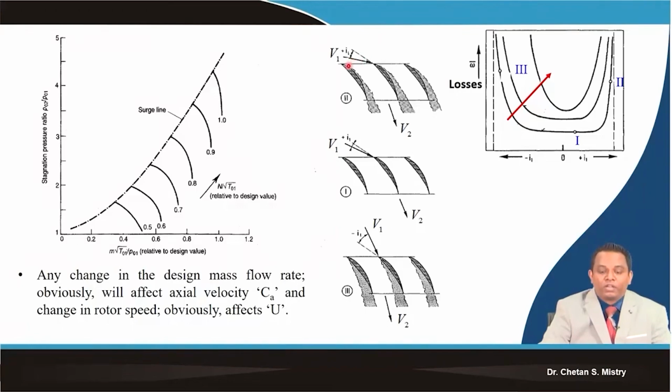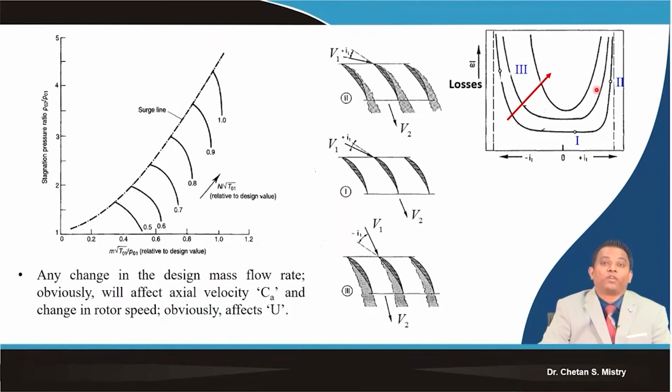Under that condition, there is a possibility that your flow will get separated from the suction surface. And when there is a separation of flow from the suction surface, that is what we have defined as a stall. Because of that, this is my condition 2. What it says is that I will have my losses increased.